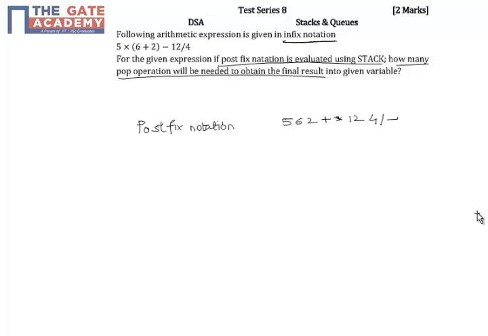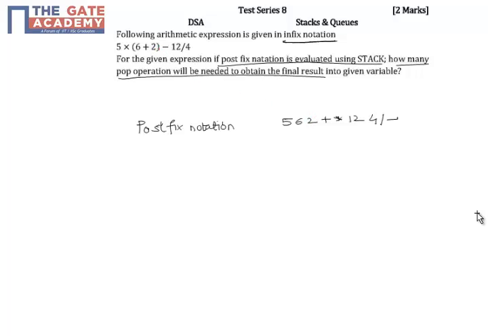Later we have token 6, which is an operand, so we append it to the output. After this we encounter plus operator, so we insert it into the stack. Next we get 2, which is again an operand, so we append it to the output.